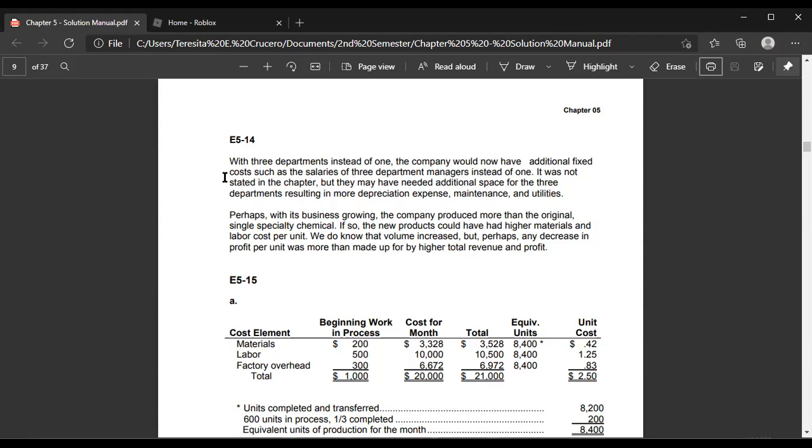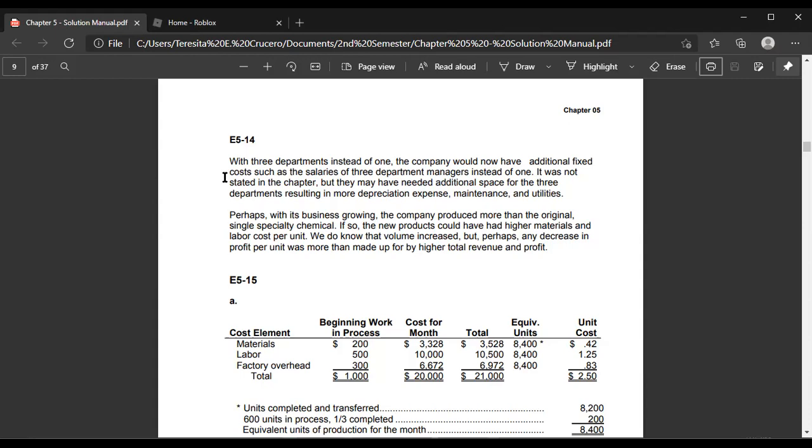So to be accounted for is 8,800 units. Now, what happened to the 8,800 units? The units completed and transferred to the finished goods storeroom, 8,200, and in the ending inventory only 600 units. So the total number of units is 8,800. The ending inventory of 600 units is one-third complete.